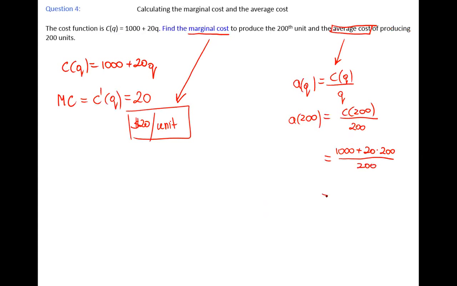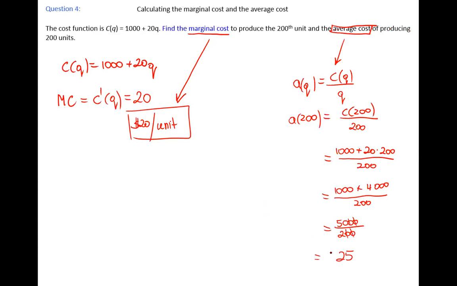We don't need a calculator for this. 1000 plus 2 times 2 is 4 and 3 zeros, 1000 and 4000, it's 5,000. We can cancel out zeros. 50 divided by 2 is $25.